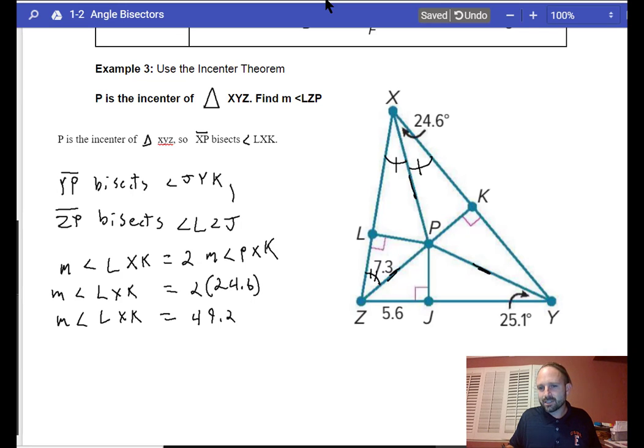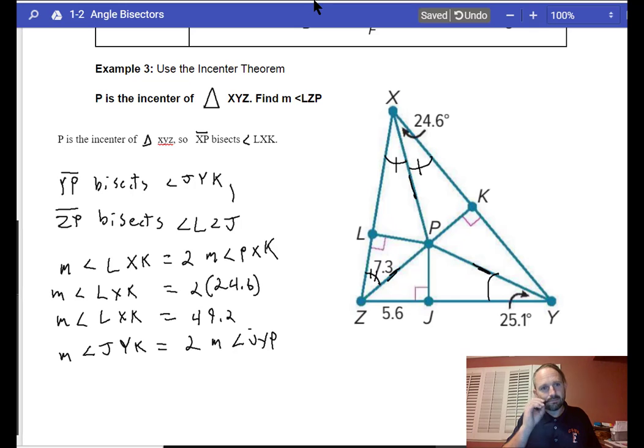And we can do the same thing for this one right here. We know that the measure of JYK is equal to 2 times the measurement of JYP. Now at this point you might be thinking, what's he doing?